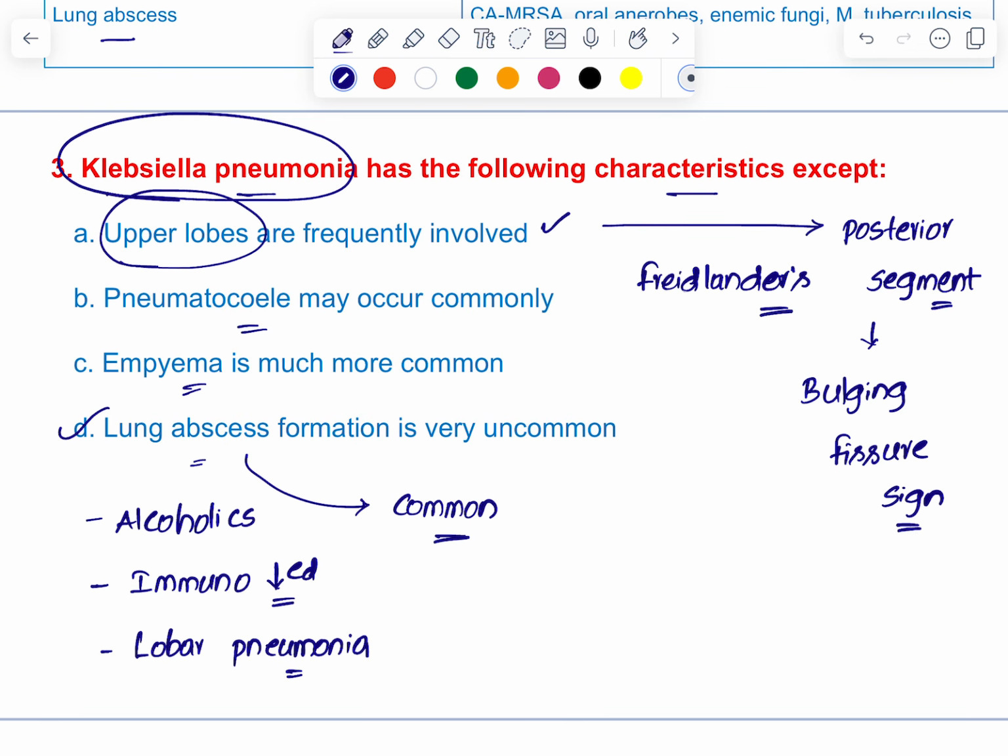And not only pleural effusion and empyema, there can be even pulmonary necrosis as the disease progresses. This pulmonary necrosis can progress to what is called necrotizing pneumonia. So the incorrect statement about Klebsiella is that lung abscess formation is very uncommon. All right, next question.